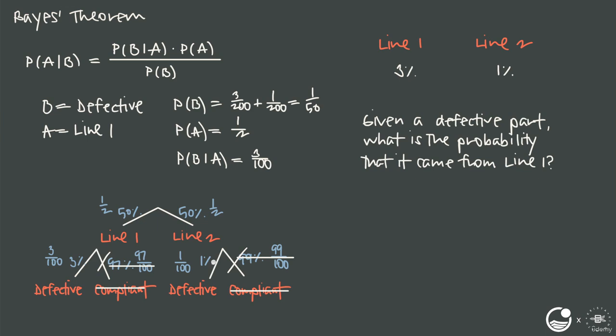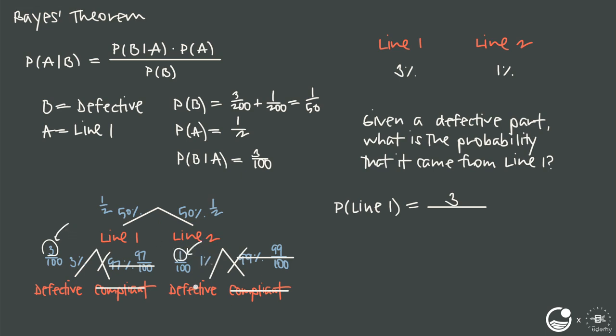So what we can say then is that the probability that we chose a part from line 1, given that the part was defective, so we'll say the probability of choosing a part from line 1 is going to be equal to, we look then at the number of branches that lead to defective from line 1, this number right here, so 3, and we divide that by the total number of branches that lead to defective anywhere in our tree, which is this value 3, but also this value of 1.